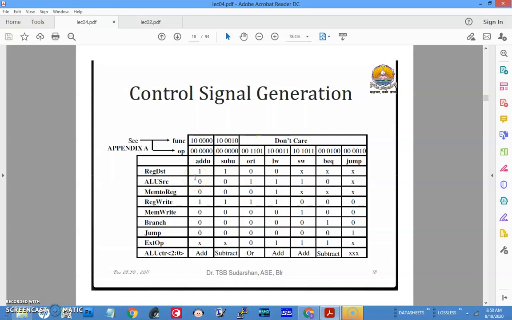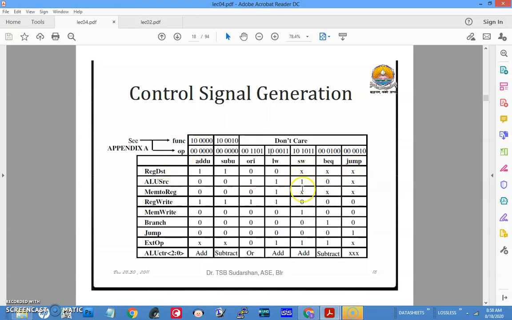So spend some time and understand the table. Here you will find some don't cares. X means we are neither asserting nor deasserting the line. For example, take the store word instruction. The destination is memory, so register destination is don't care.